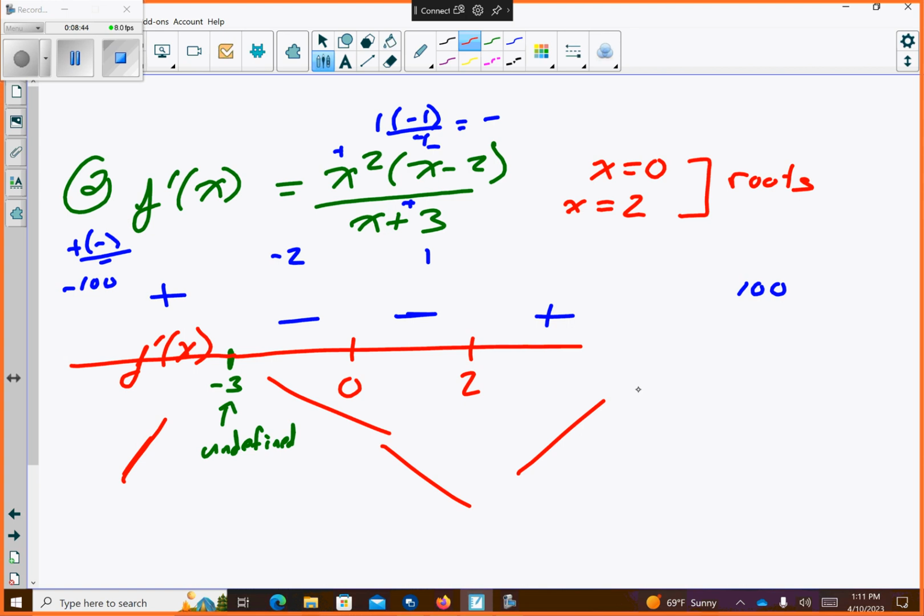All right. And then number 3 says, determine the intervals where it's increasing or decreasing.